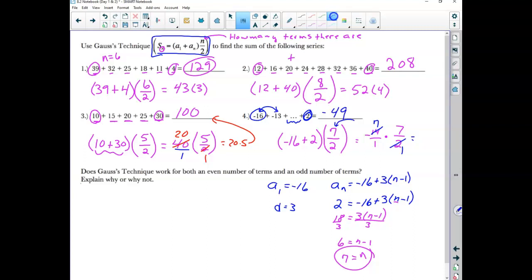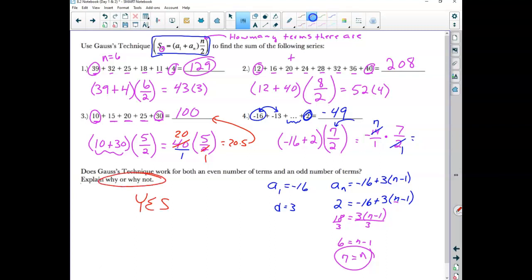Does Gauss's technique work for both an even number of terms and an odd number of terms? And all I'm going to say is a big fat yes. Okay, why or why not?